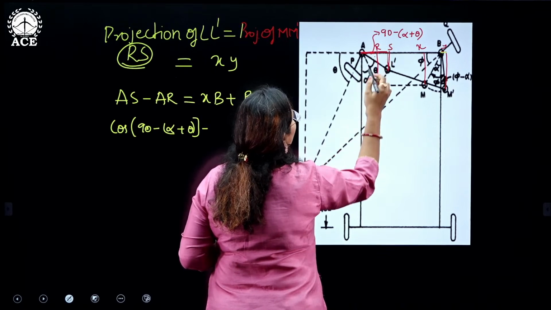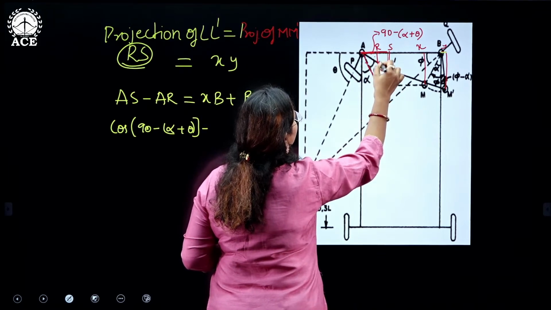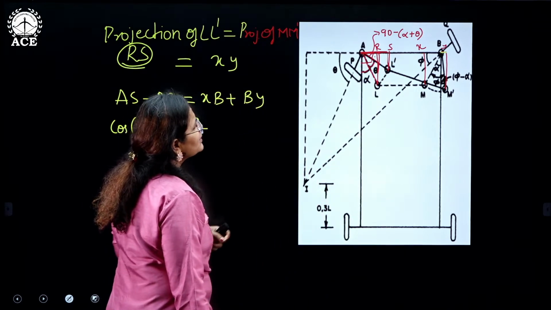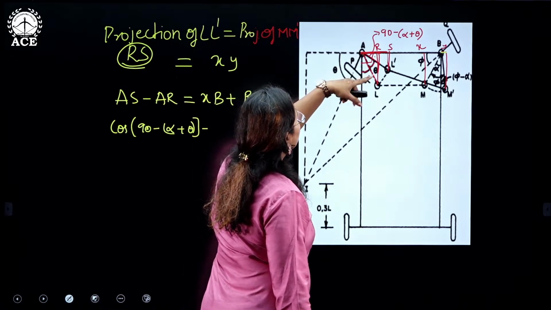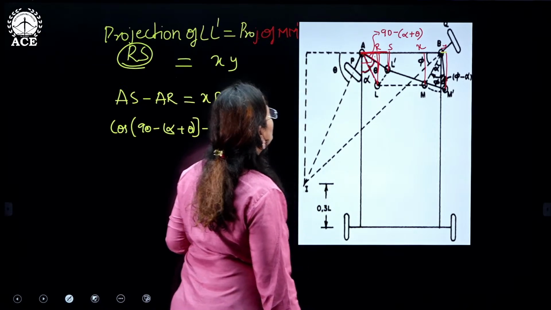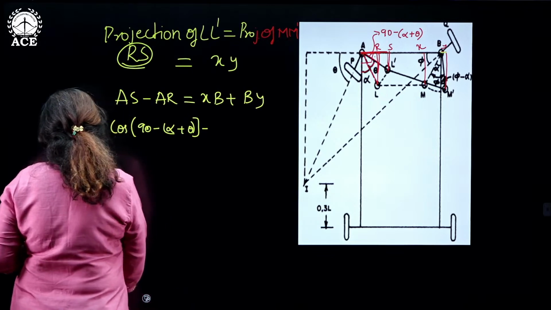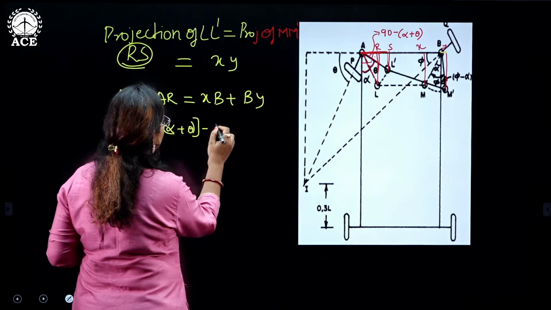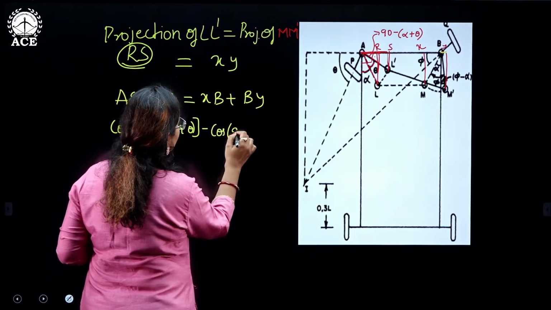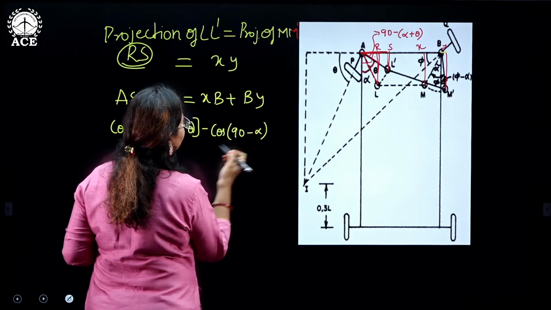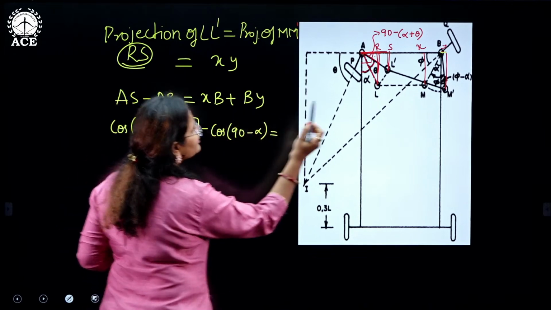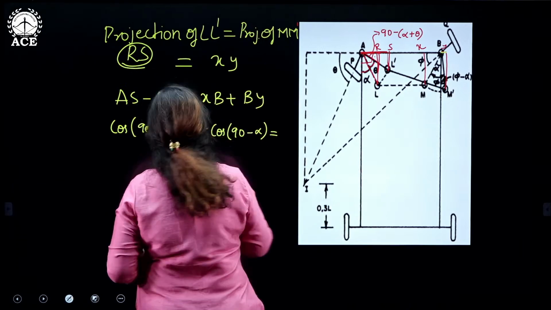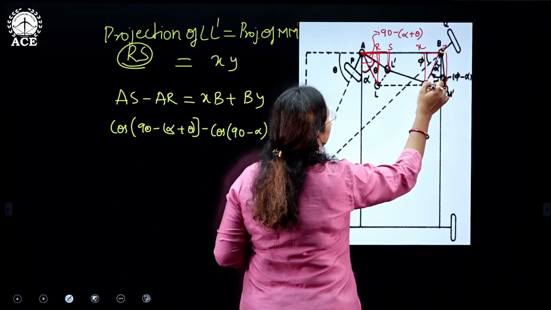So AR is following this particular triangle. If it is 90 minus alpha, it will follow the same condition. So I will say again AR is nothing but cos of 90 minus alpha. Similarly for XB also, XB is nothing but this particular triangle.